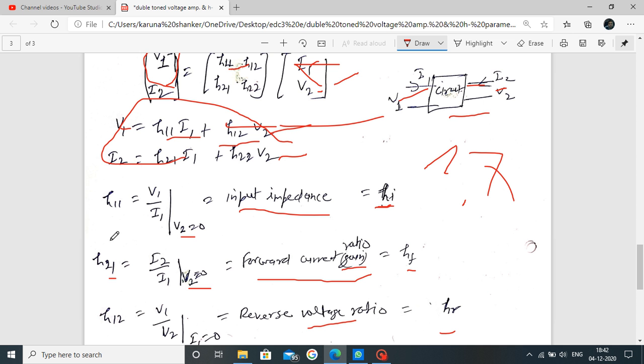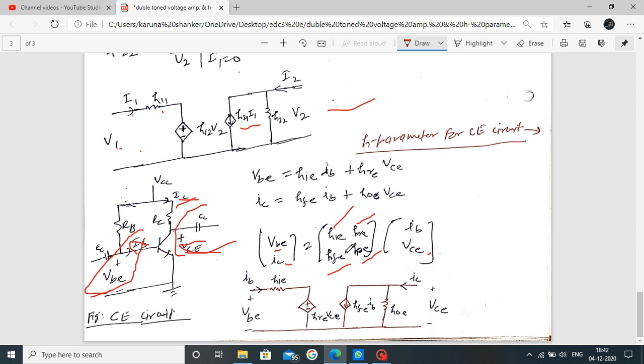How do we write these? We observe that H11 is equal to HIE, and similarly we put HI here. Therefore we use the suffix E, where E represents emitter.